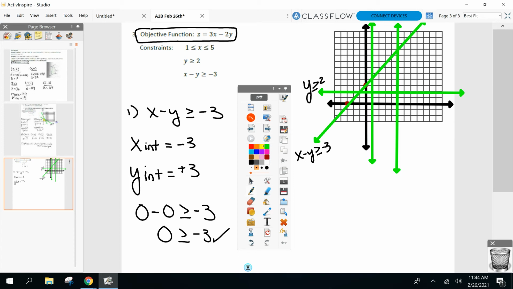Here you guys go. Should be right here. That's where all 3 would intersect. Perfect. That's where all 3 intersect.